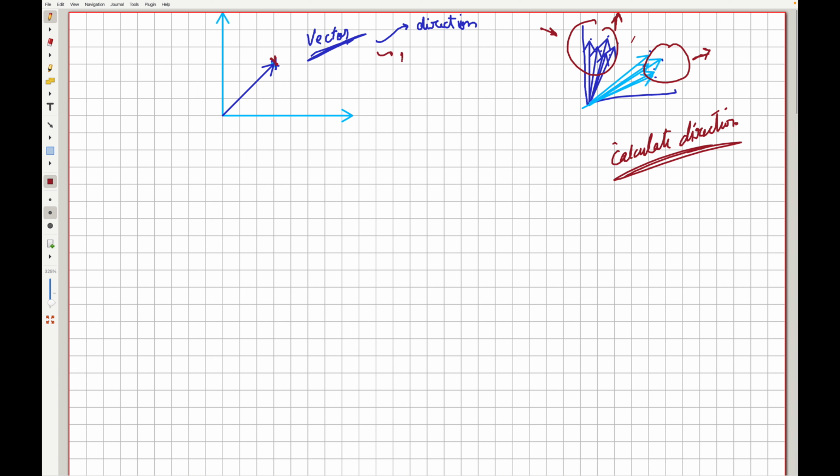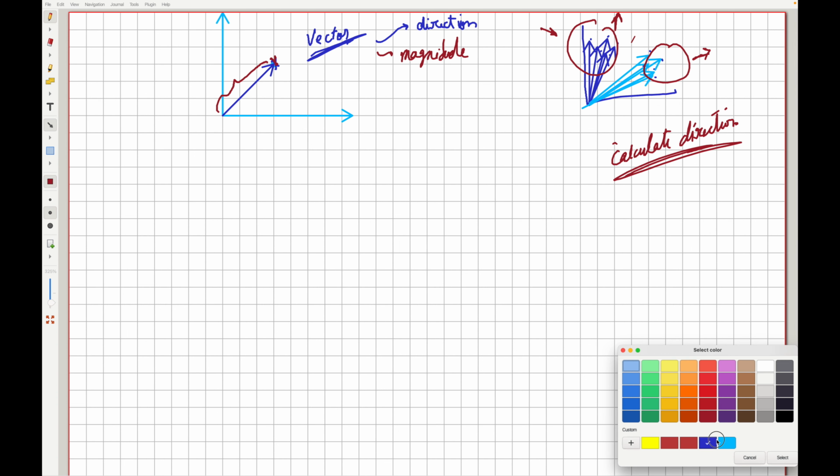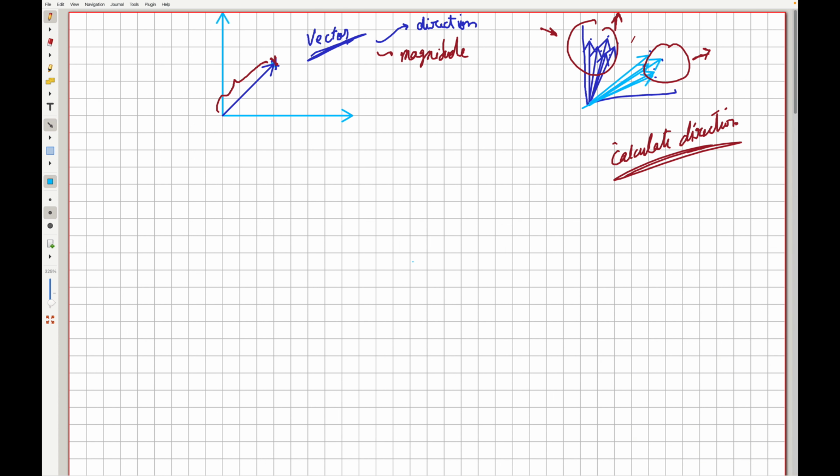The second one is magnitude, and magnitude is essentially the length of the vector, how long the vector is. That again is important, because we may have data points of different scales, different magnitudes. For example, let's say we again have this x and y axis, and here we have a couple of data points.